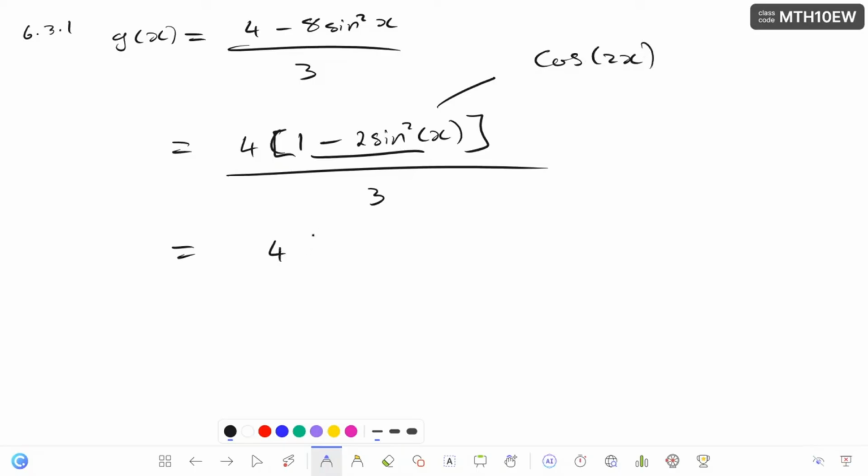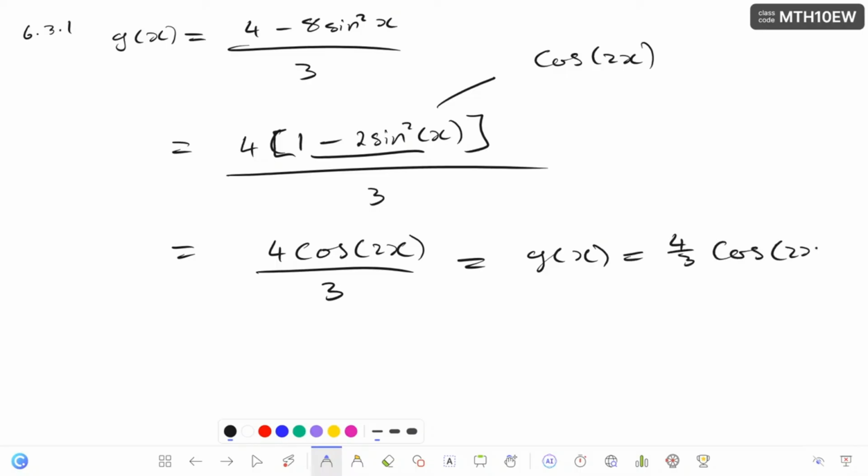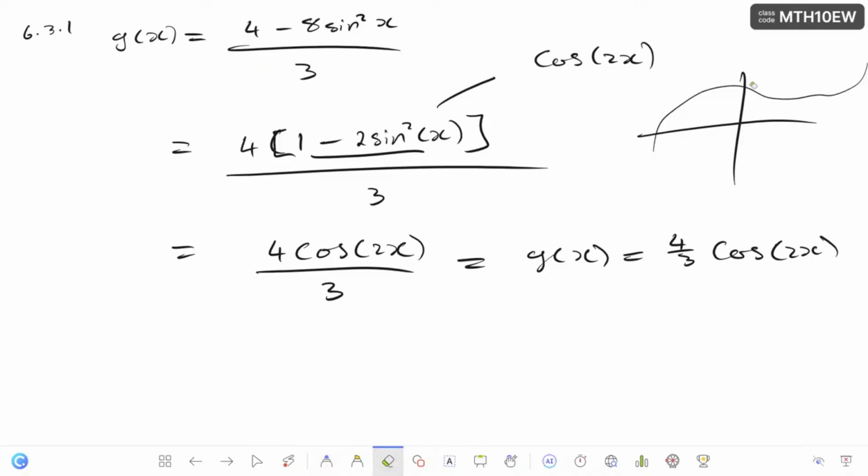So now the answer is going to be 4 cos 2x over 3. So g of x is the same thing as 4 over 3 cos of what? 2x. So if you plot the graph of cos, something like that, it's not like that, I'm just showing an example.